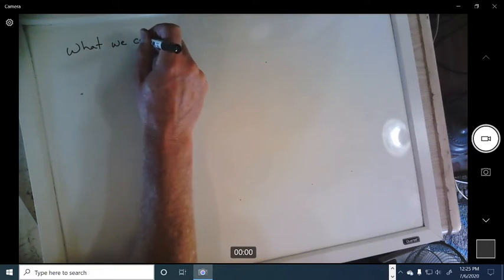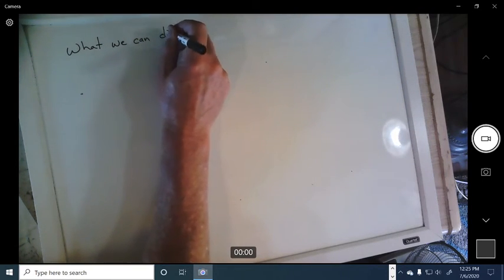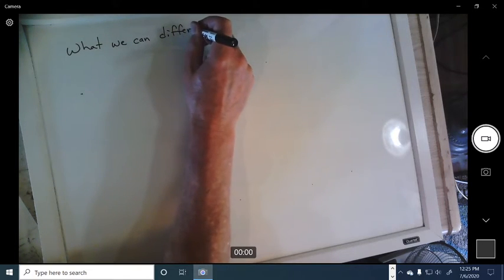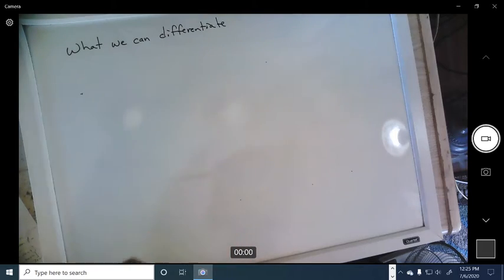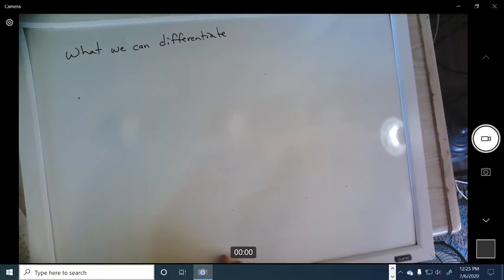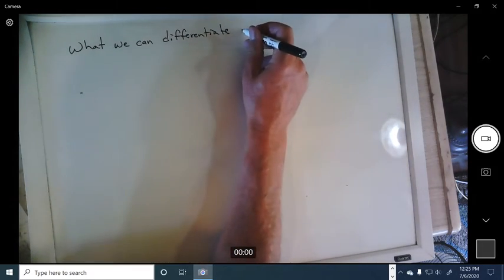What we can differentiate. By differentiate, I mean what we can take its derivative.